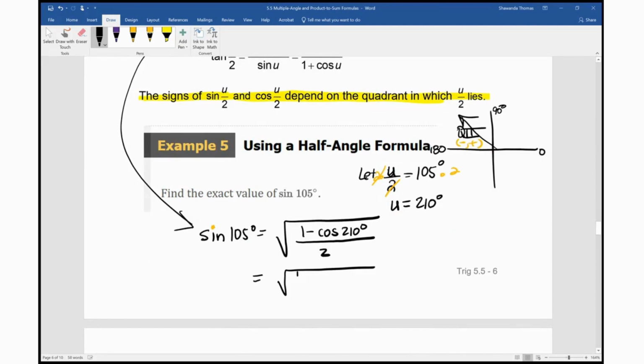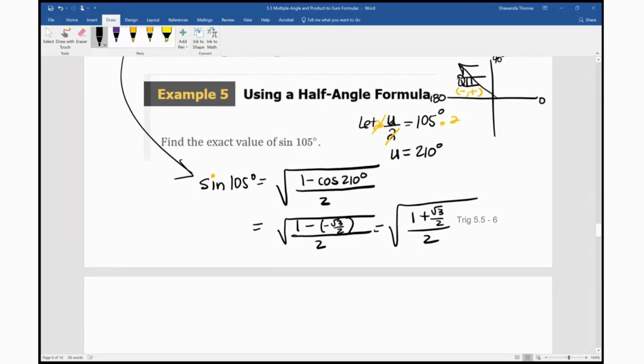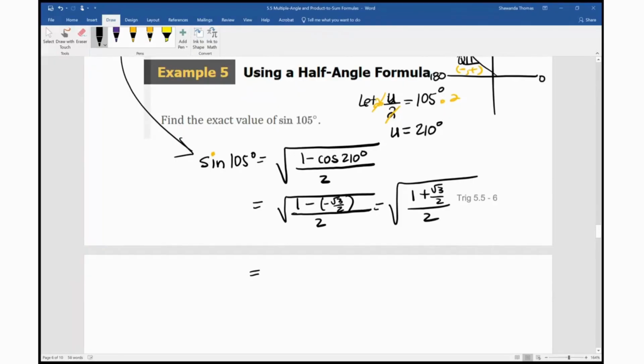On our unit circle, what is cosine of 210 degrees? Negative square root of 3 over 2. So that's the square root of 1 plus square root of 3 over 2, all over 2. Now we really just got to work with fractions again.